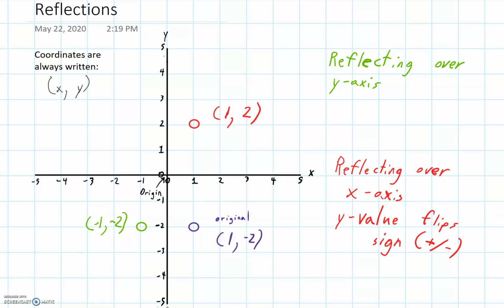So what you're going to notice compared to our original is that the Y stays the same, but the X value flips sign from a positive to a negative. So our X value flips sign. And remember, that just means it flips from a positive to a negative, or from a negative to a positive.